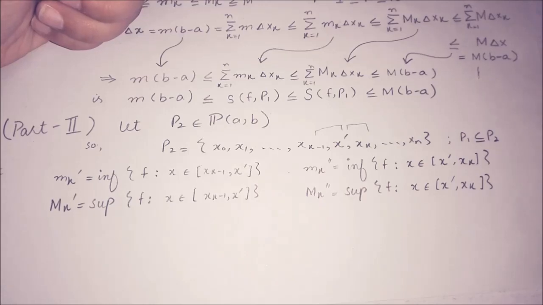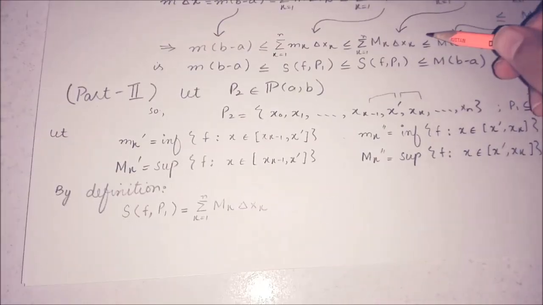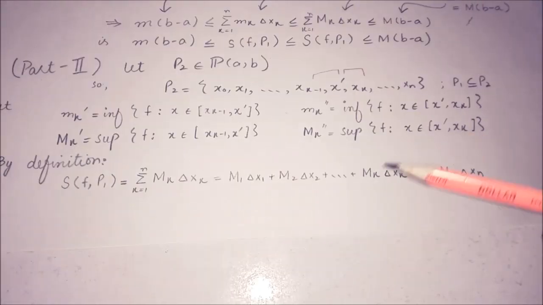So now we know the definition of the Riemann upper sum, that is the summation of Mk delta xk, and that is used also here for the partition p1. If we expand this, it is M1 delta x1 plus M2 delta x2, and so on to Mk delta xk and then Mn delta xn.